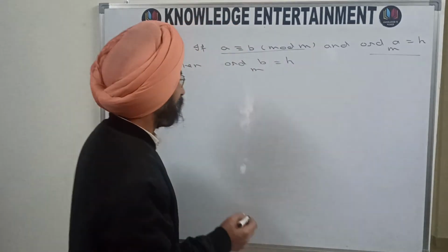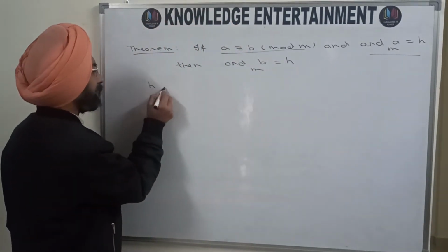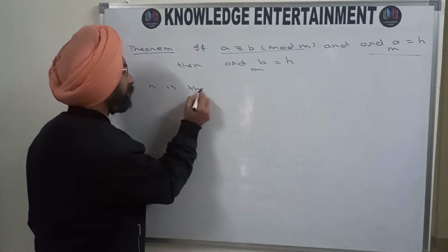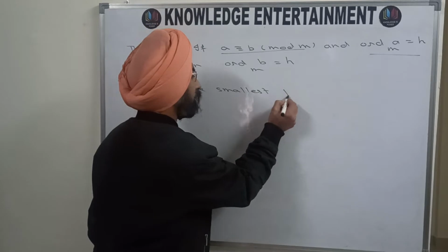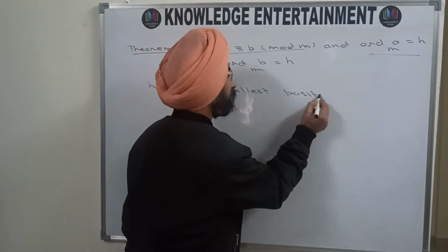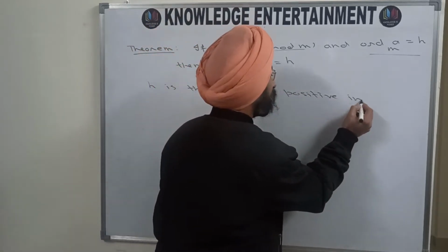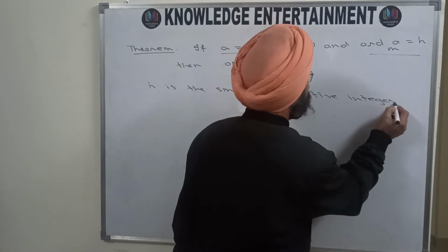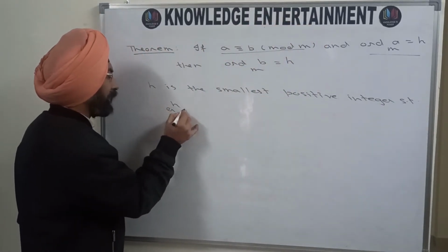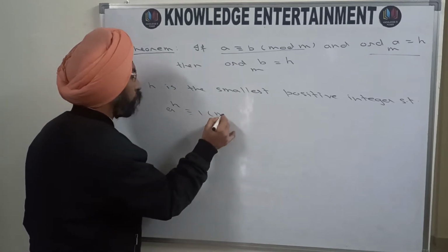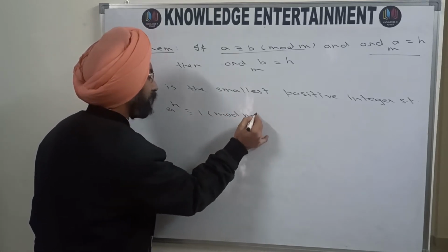That means h is the smallest positive integer such that a raised to the power h is congruent to 1 modulo m. That is given to us.